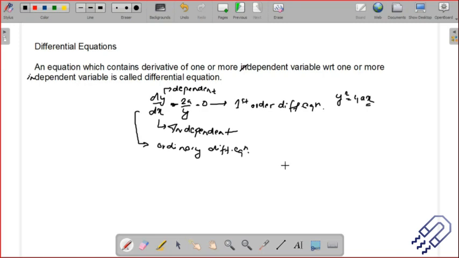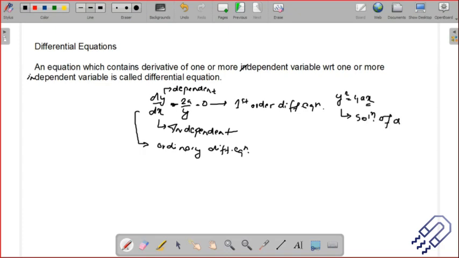So those are the two things that we should remember. Whenever we write down such an expression, our aim is to find the solution of the differential equation. Let's say y squared = 4ax is the solution of the differential equation.